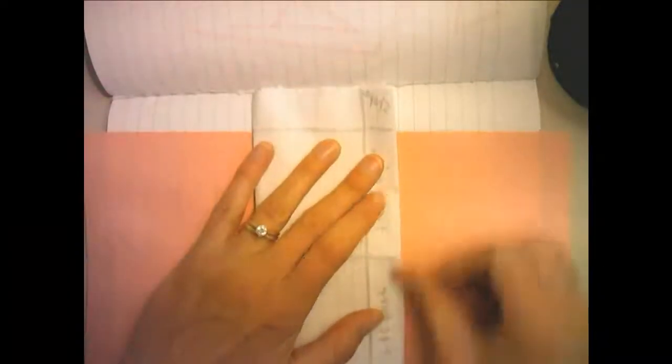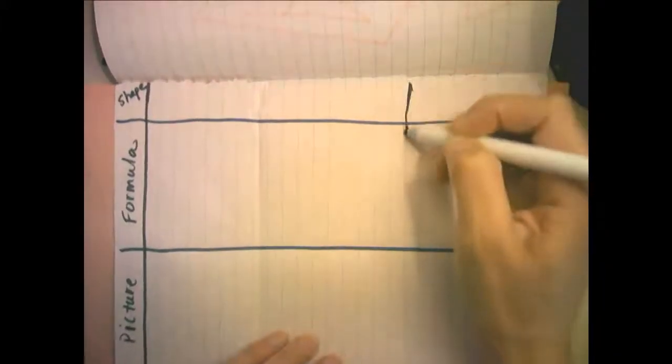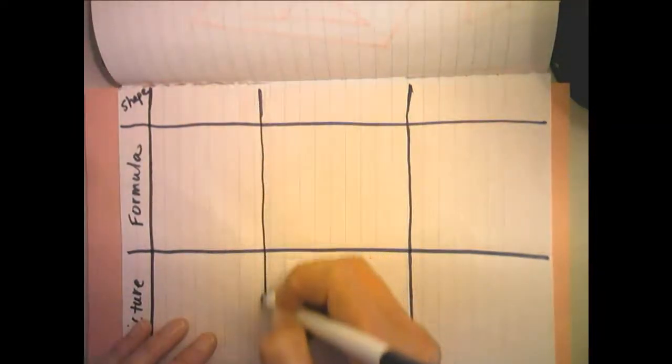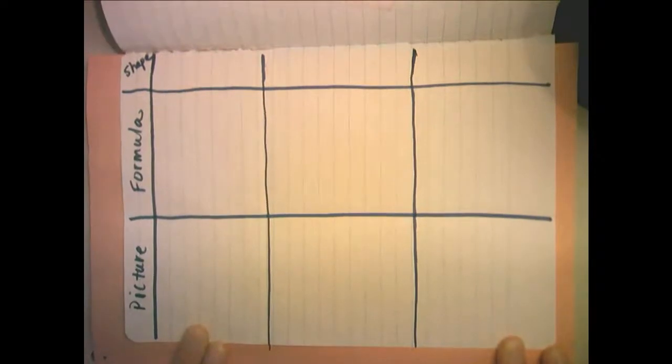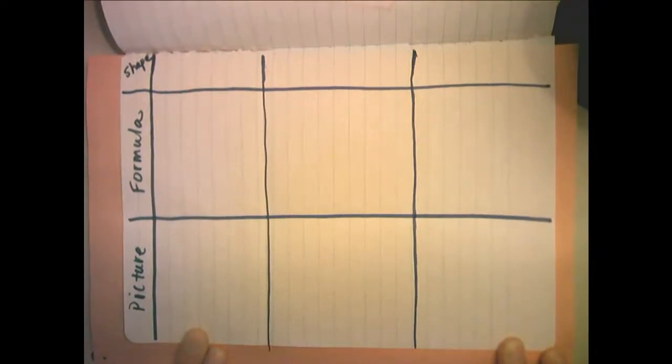And when I've made the tunnel, I'm going to fold down. When you unfold that, if you trace on your folds, you've divided the paper, the area of the paper, into 3 columns.